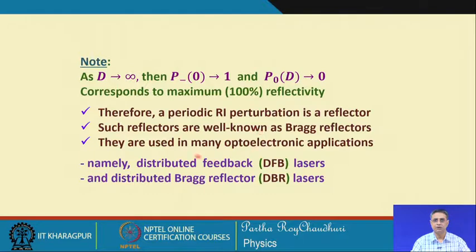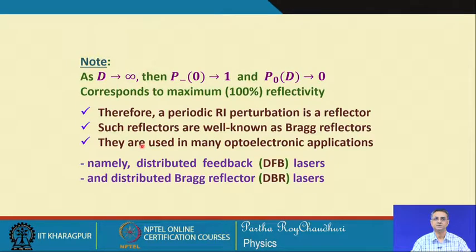So, we conclude that a periodic refractive index perturbation is a reflector, where we do not use any mirror, but it is the periodic variation of the refractive index in the medium, and such reflectors are very well known as Bragg reflectors.